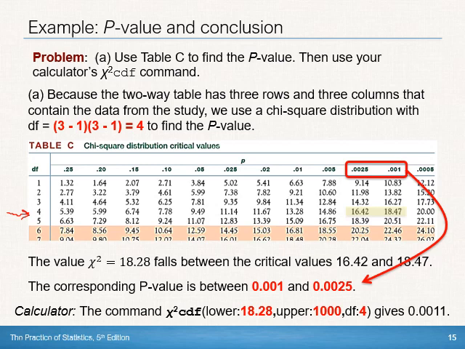If we do this in our calculator, it will give us a more precise value of 0.0011, and indeed we were right in that it was much closer to the lower end of that interval that our table was capable of giving us.